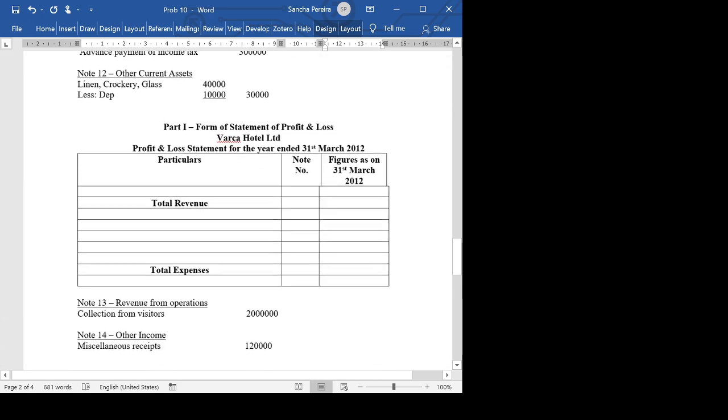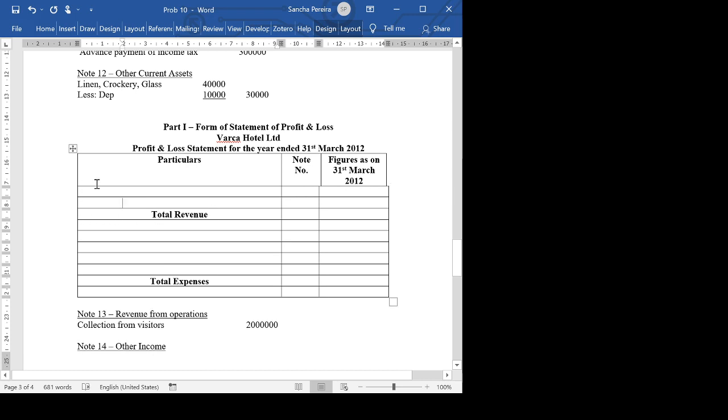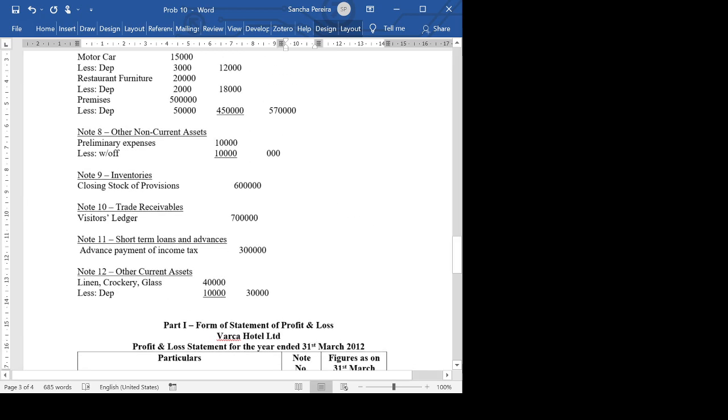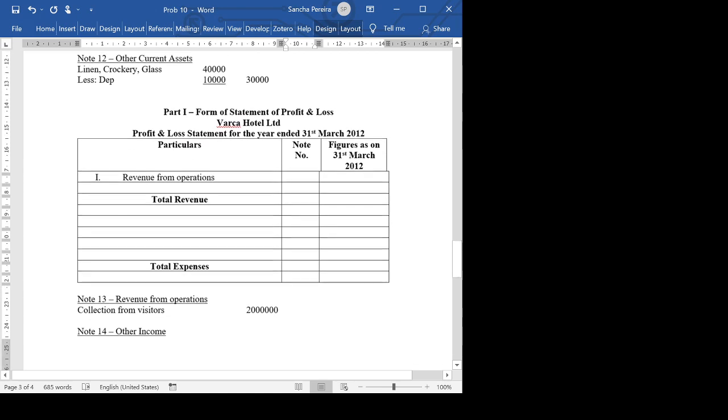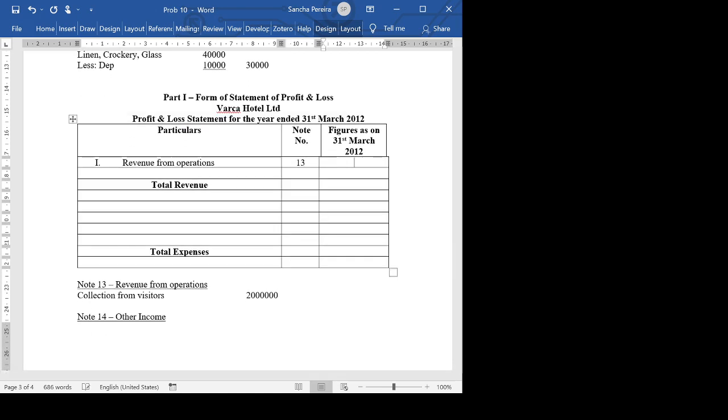Let's see what we can complete. The first thing here is revenue from operations, and this would be note number 13. We have ended with note number 12. Yes, 13. That comes to 20 lakhs.